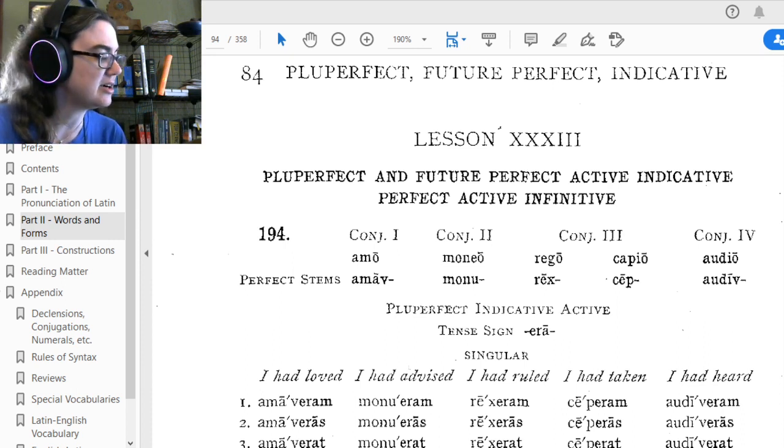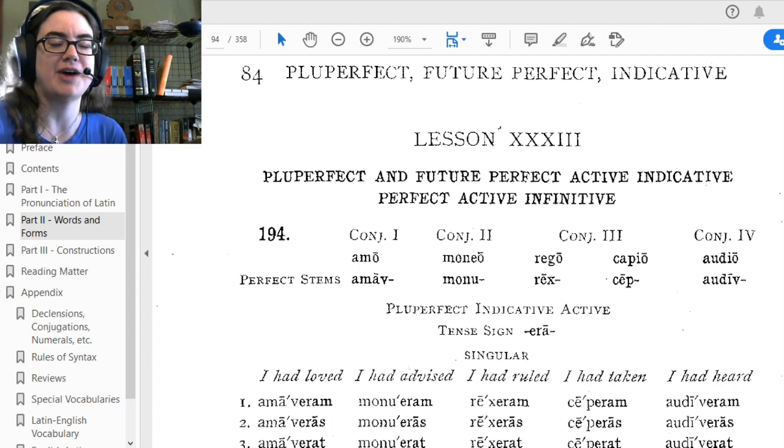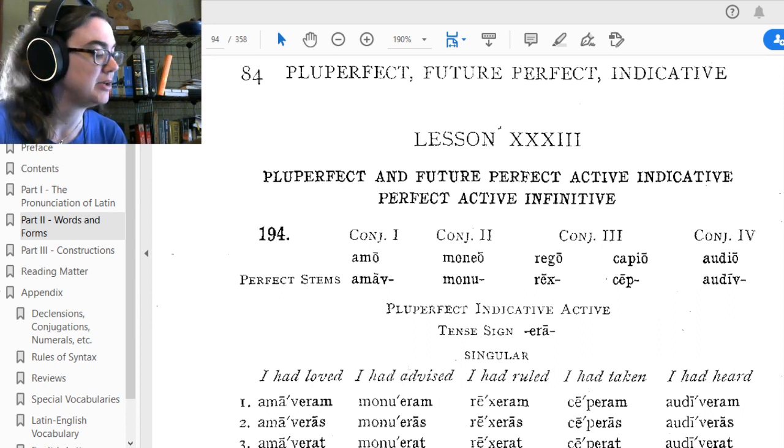So we see here an example of the perfect stem from all the different conjugations. Amav, monu, rex, cep, audiv. It's weird without the final I. It's harder to say. Imagine that. So that's the perfect stem, from the third principal part.